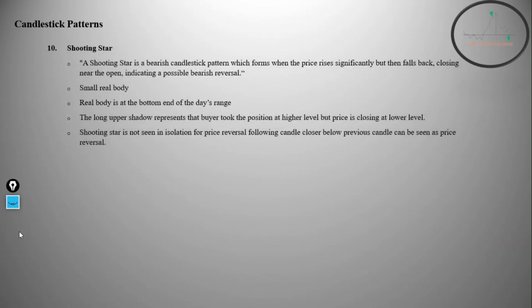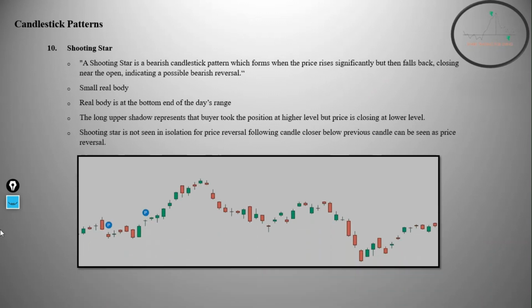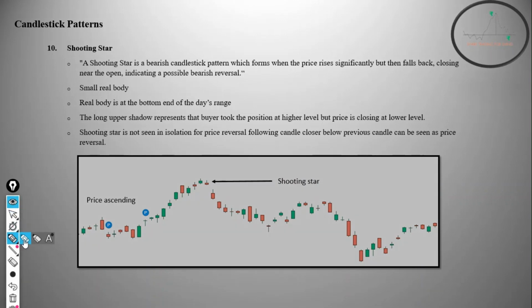The next pattern is the shooting star. The shooting star is kind of the inverse of the hammer. So again, what happens here? The market is in an uptrend, and then the shooting star comes in, and then the trend reverses. The price is ascending and you see the shooting star, and then there has to be a falling candle which confirms the trend reversal.